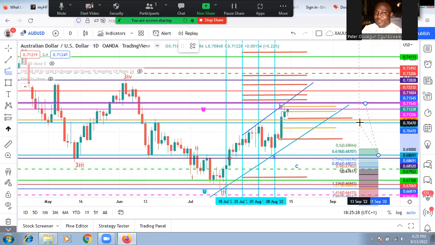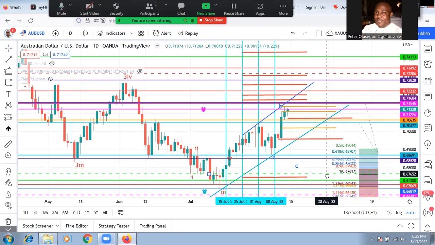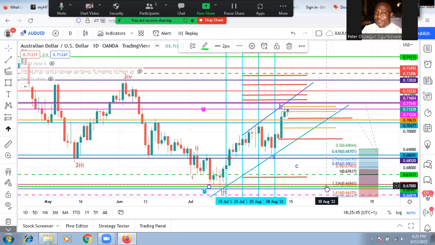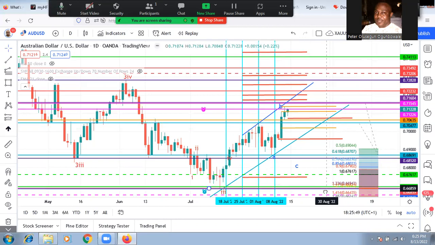So that's what we should see. We should see 100 will now come to this level, because it's going to be a 1, 2, 3. Then it's going to come towards this level.